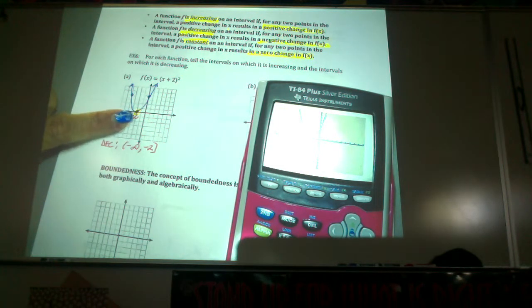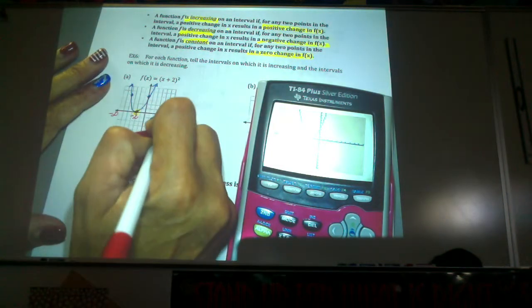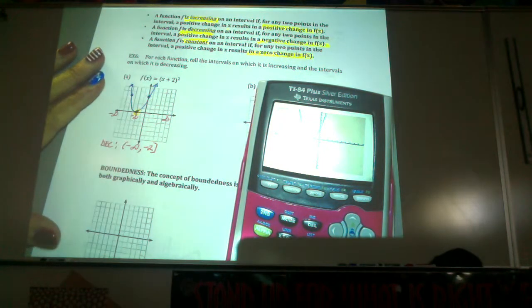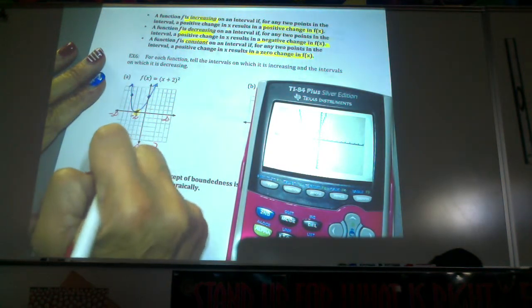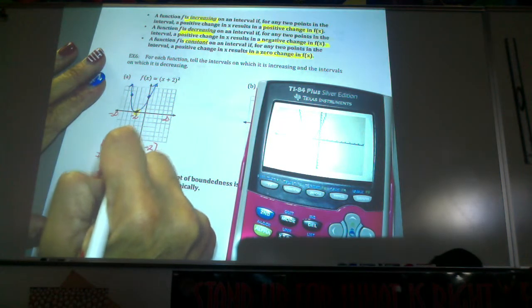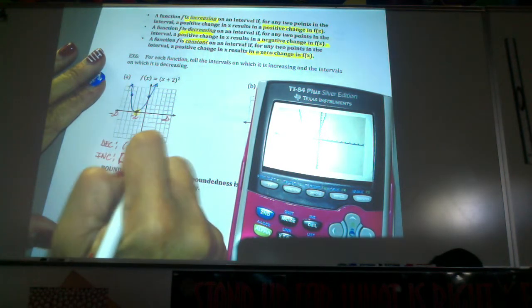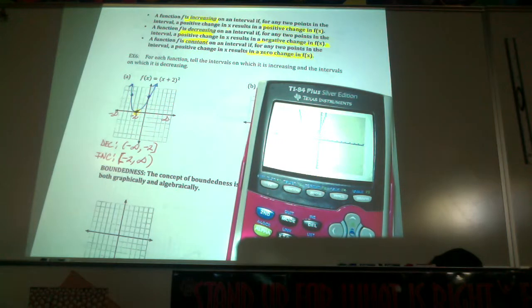Then from -2 to positive infinity, what's happening? We are increasing. And so we're going to include -2 and go to positive infinity. That's not so bad, right?